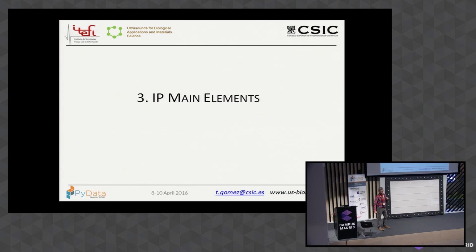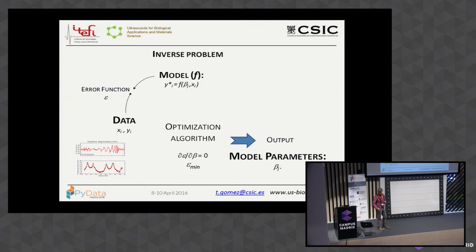Okay, what are the main elements of the inverse problem? You need some data, and you need a model, so you must guess the physical model that justifies this data. You need an error function, normally an L2 norm, just to compare the prediction with the data. And then you need an optimization algorithm.